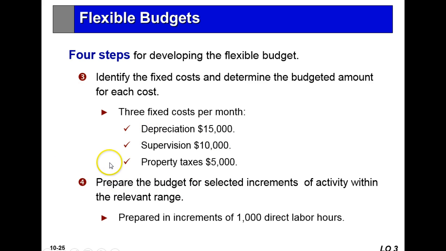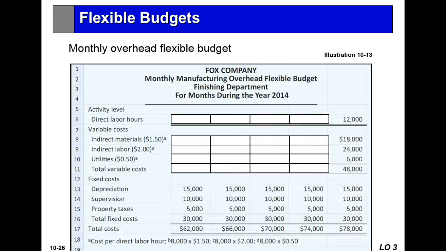So the fixed costs, depreciation, supervision, and property taxes, those are going to be set no matter what. So we're going to now prepare this budget for increments of activity within that relevant range. We're going to do it within 1,000 hours. So as you see here, we're starting with 8,000 direct labor hours. We've got our variable cost, because we know that, remember, all of these are $4 together. $4 per direct labor hour of 8,000 hours is ultimately going to be $32,000 in variable costs.